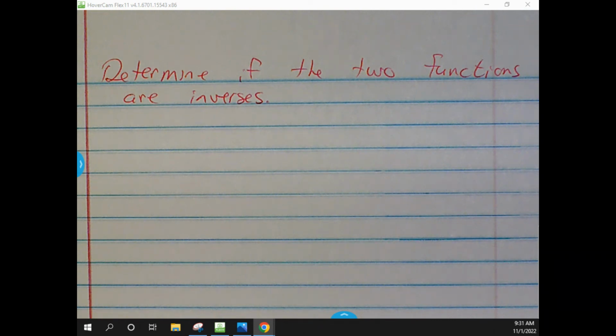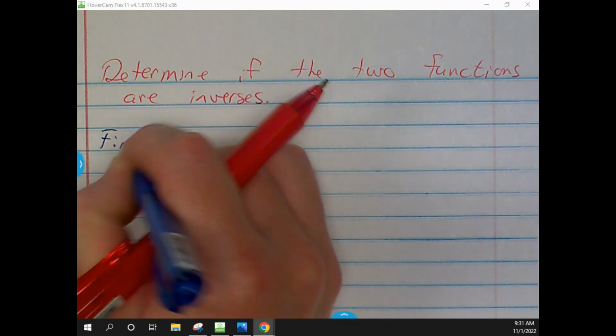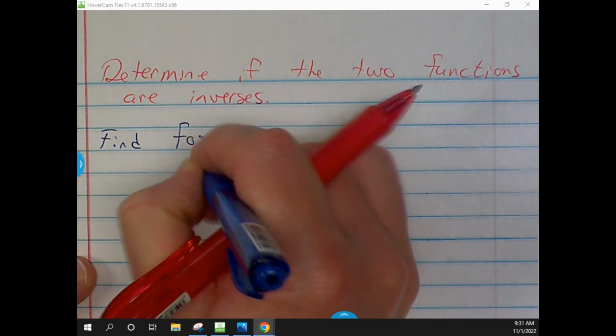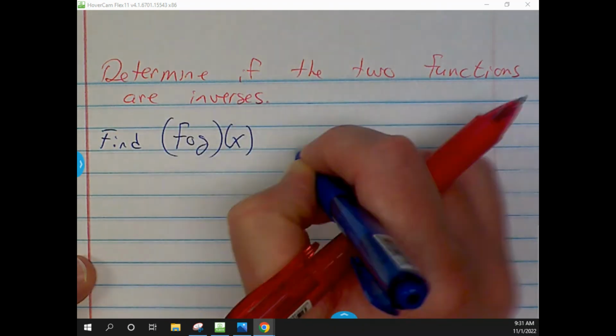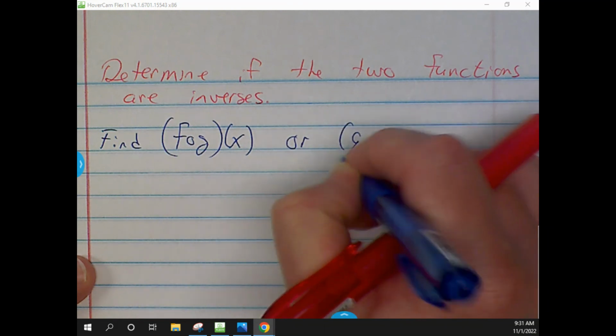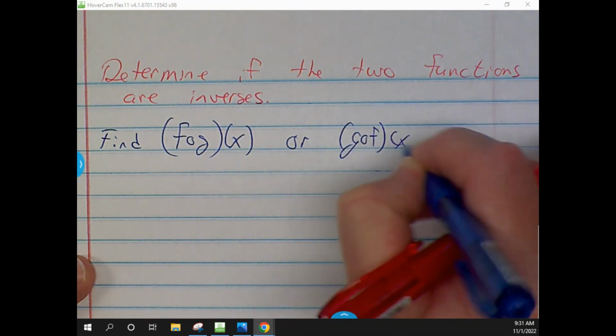Now you could take one and find the inverse of it and go that route with it. But in this case, basically, here's what you can do. You either find f of g of x or g of f of x. Which one you find, it doesn't matter.